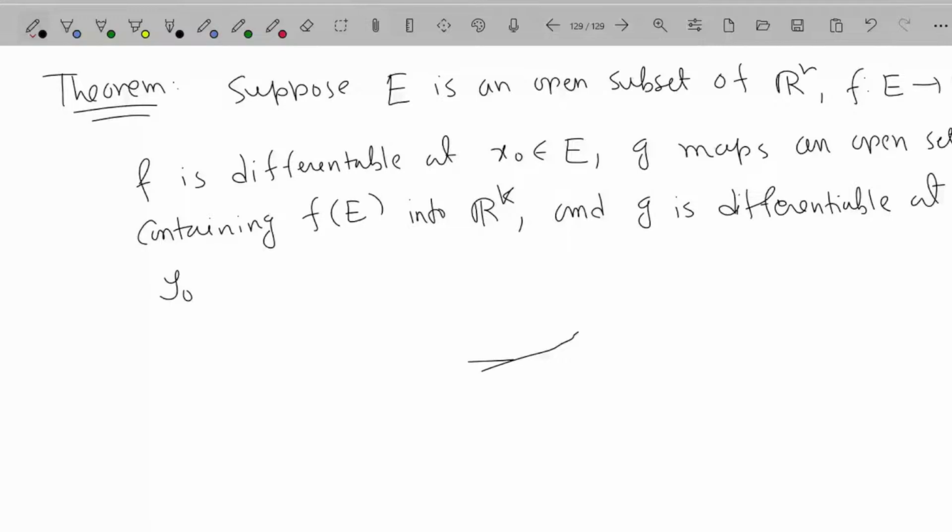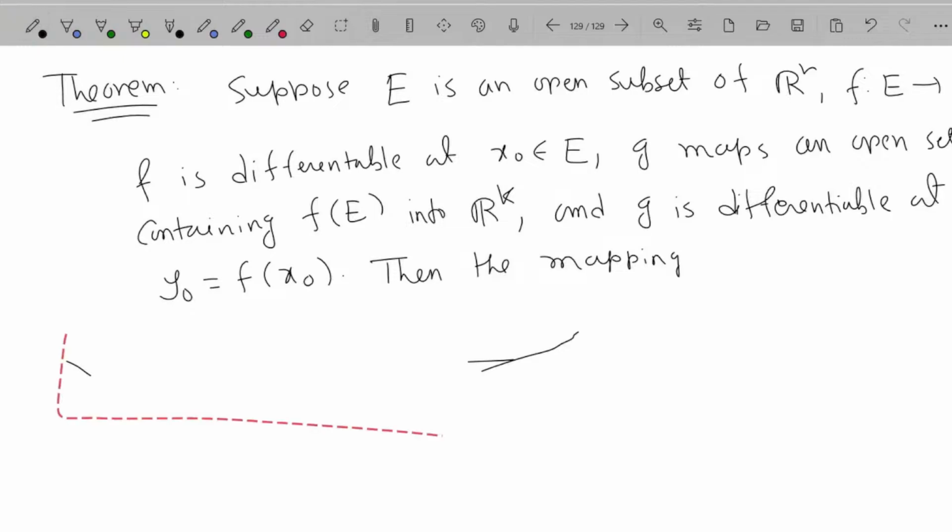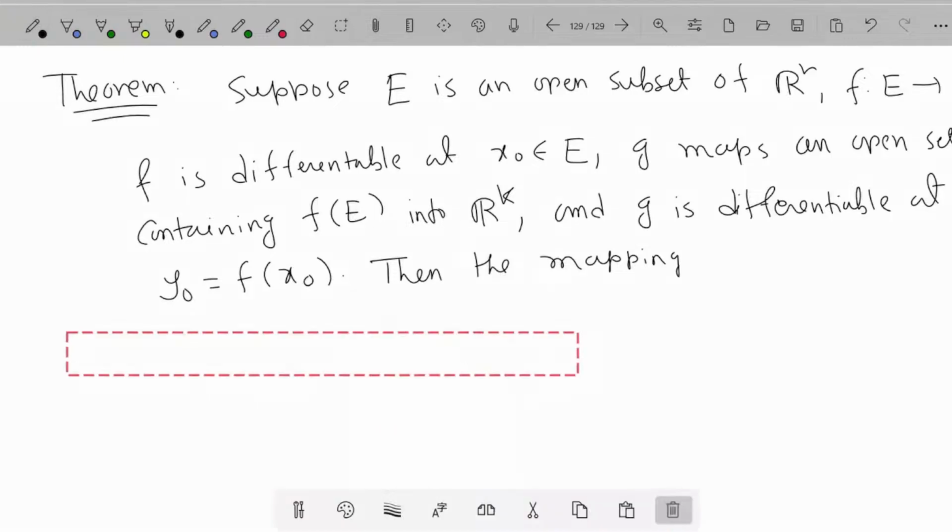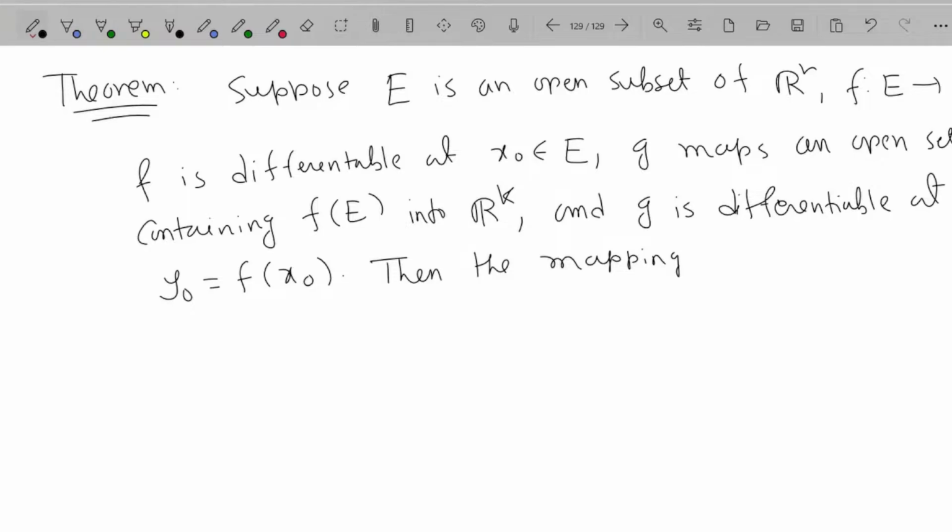Then the composition of mappings is well defined, as I'll discuss.